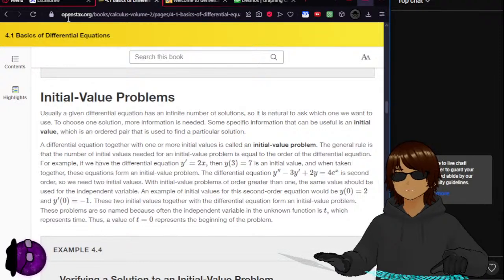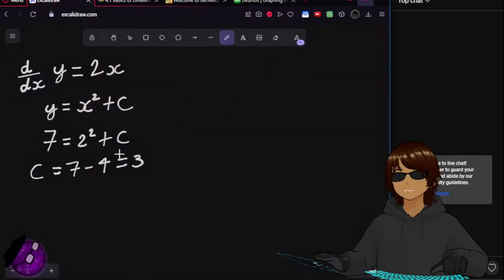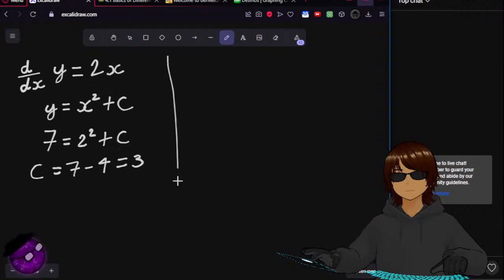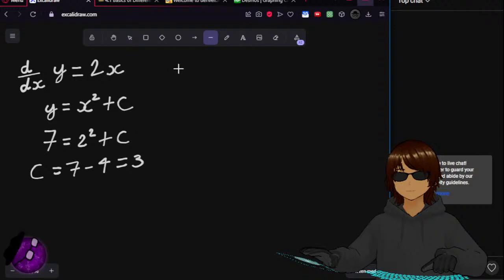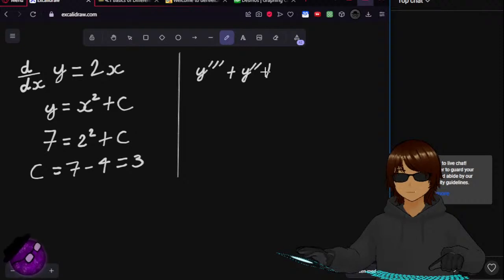Oh, I see. For example, if we have the differential equation, this, because what I think is, if we have something like dy by dx, 3 times, I will write it the simple way. 2, 3 plus it with 1, 2.